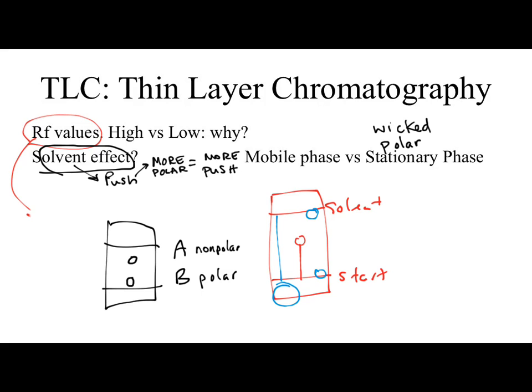More polar compound, you have a lower RF. Make sure you're aware of what we're referring to. If we're looking at the compound, more polar stays low. If we're looking at the solvent, more polar goes high. I know they're opposites. Make sure you keep them squared away.